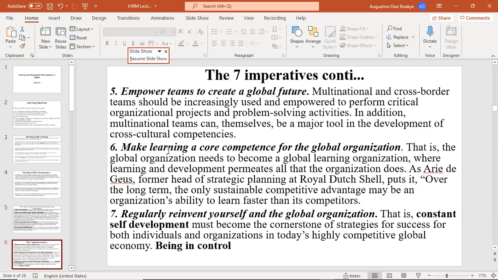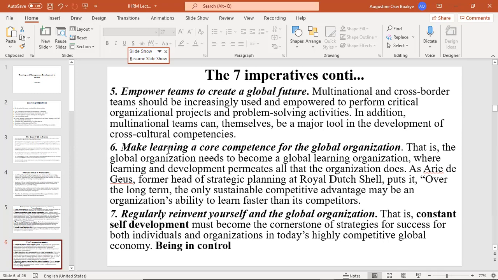Now, the sixth one is that make learning a core competence for the global organization. That is, the global organization needs to become a global learning organization where learning and development permeates all that the organization does. So it means that the organization must be constantly learning and adapting to the changing events within the business markets.